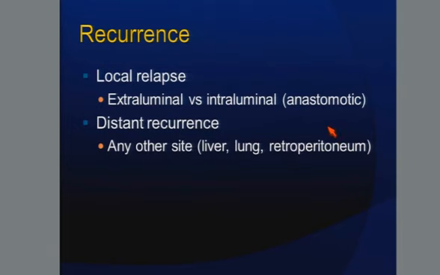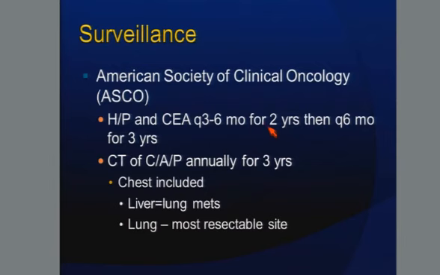And then finally, our role in the postoperative patient is not only to look for complications, but to look for recurrence. And in the setting of colon cancer, tumors can recur extraluminally or intraluminally at the anastomosis. And then because of the unique nature of colon cancer and its proclivity to go both to the liver and lung, these patients will get a chest, abdomen, pelvis.